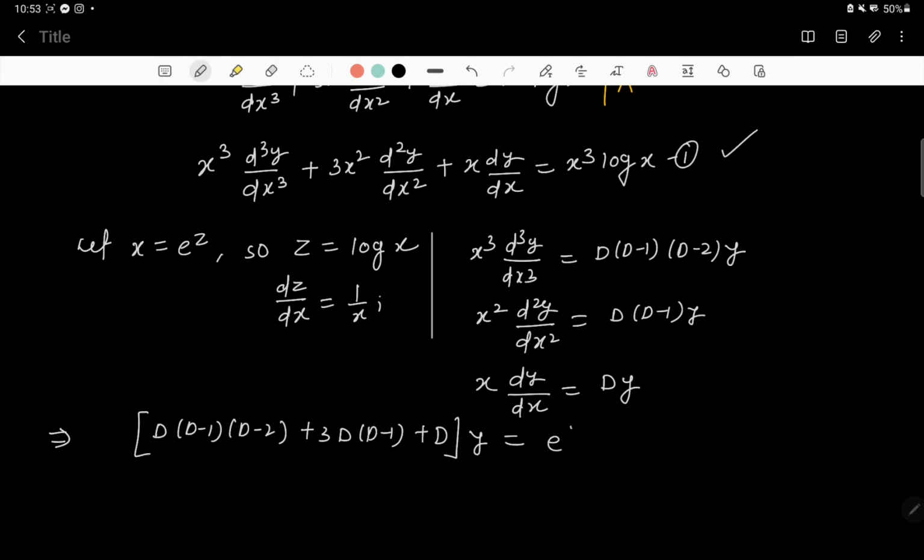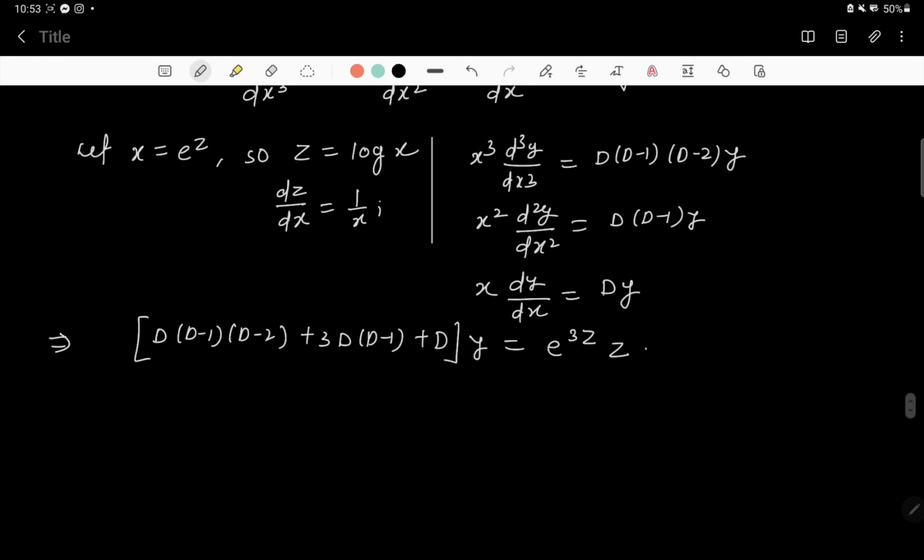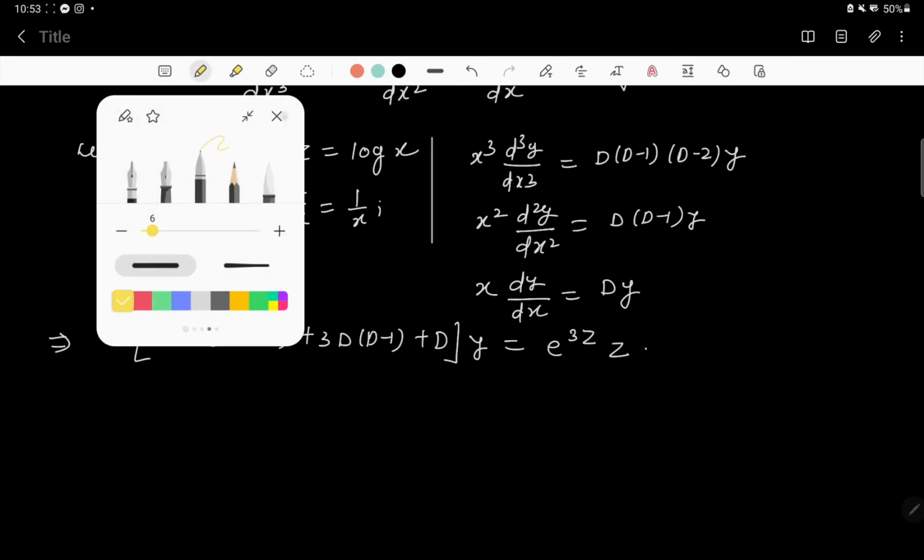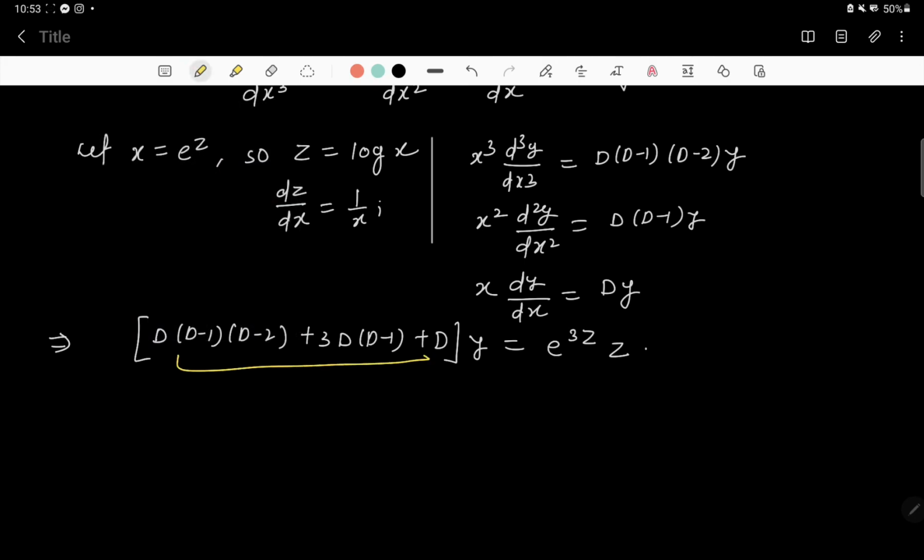So x cube means exponential 3z and log x means z. So we can say that here we have to solve this term completely. So what will be D(D minus 1)(D minus 2)? After solving, let's solve it.